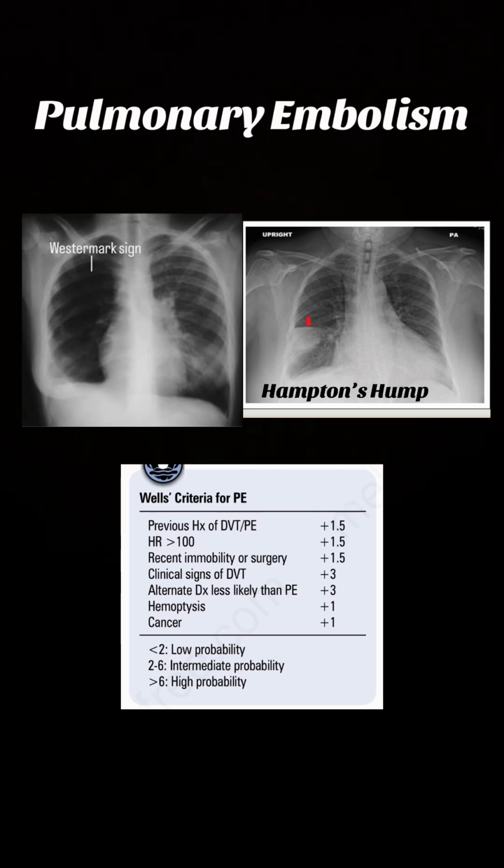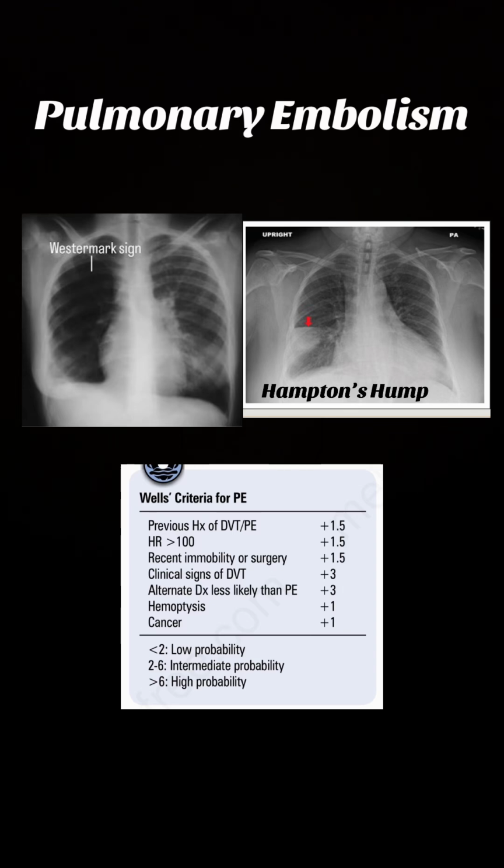Okay, what was the diagnostic test? CT pulmonary angiography. So you're going to start anticoagulants preceding CT pulmonary angiography or VQ scan, and then depending on the result, if it's positive for pulmonary embolism, you're going to continue the anticoagulants and go for further treatment like surgery or thrombolysis.